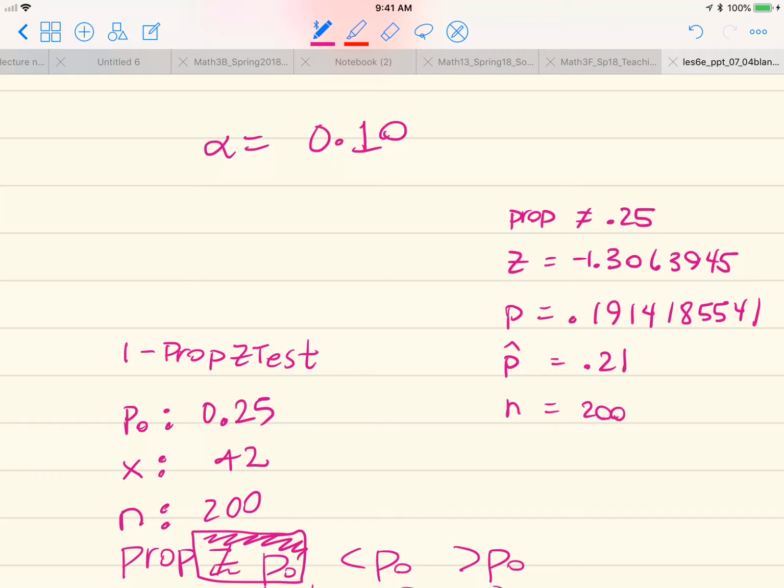And of course at the top it says something like 1 prop Z test.